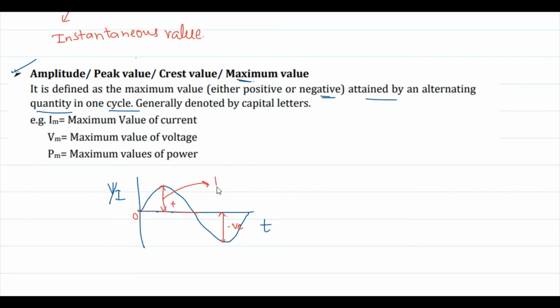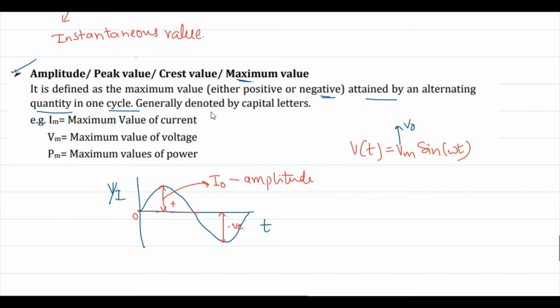So that maximum value is called a peak value or crest value or amplitude. As we represent the voltage as v of t is equal to Vm sine of omega t, sometimes we represent this Vm as V naught also, V naught or Vm. So that is the maximum value.